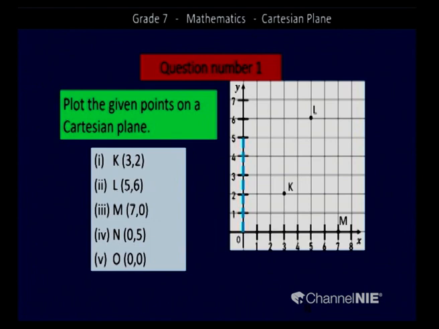There I can get the point where I should mark point N. I have marked it there and named it N. Then the last one, point O, the coordinates are (0, 0). By now you know that (0, 0) is the coordinate of the origin. So, we should mark point O on the origin of the Cartesian plane.